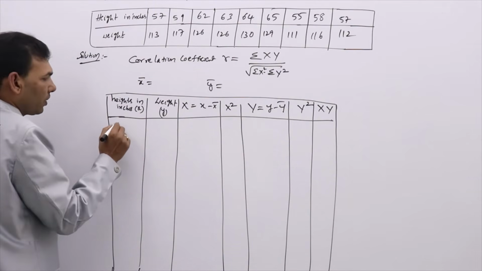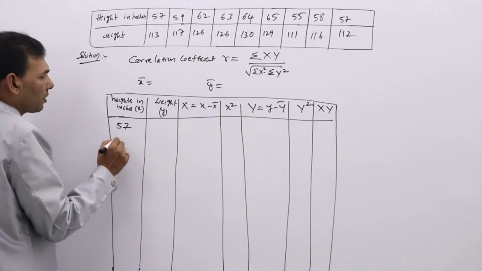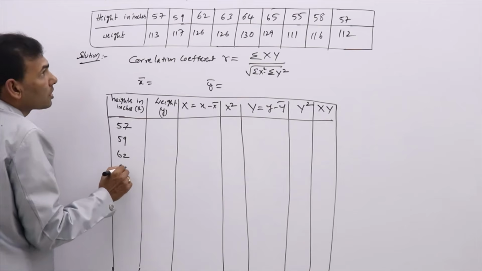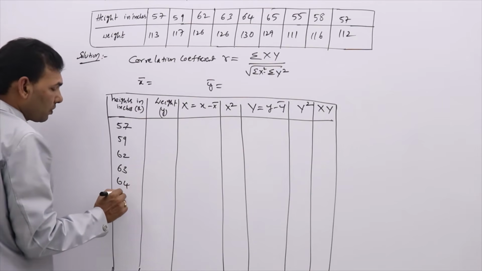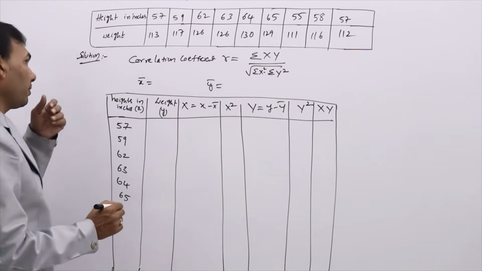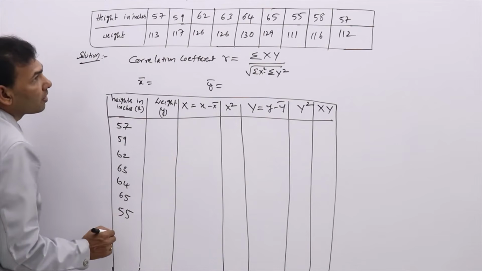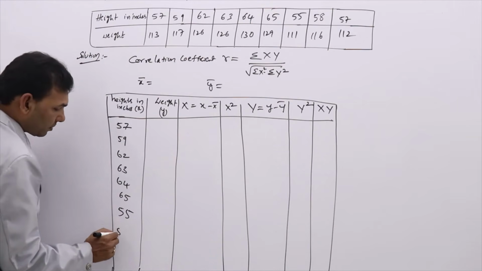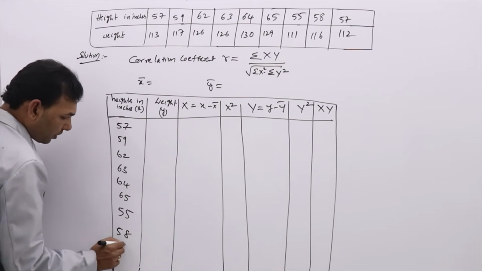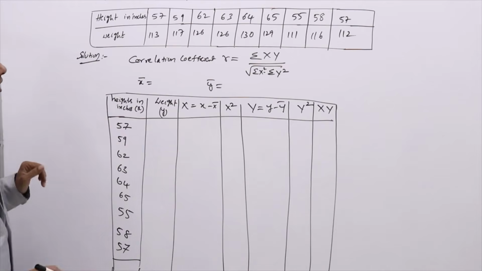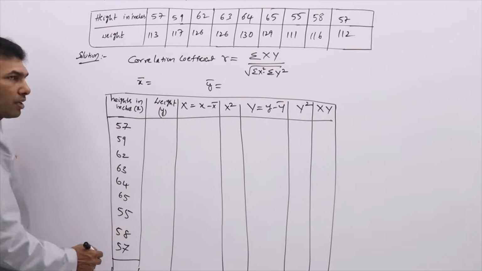So heights given: 57, 59, 62, 63, 64, 65, 55, 58, 57. If you take the grand total of these all, you will get 540.